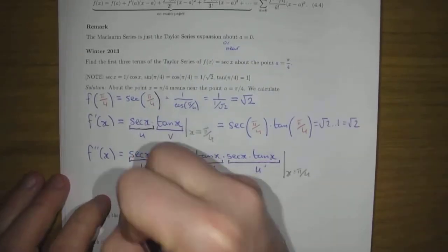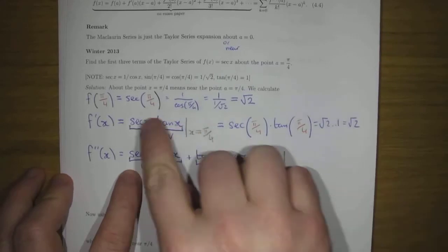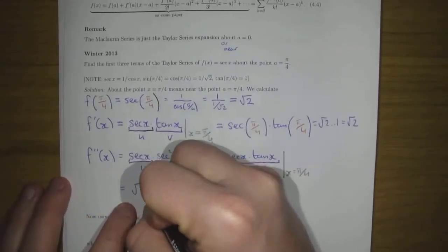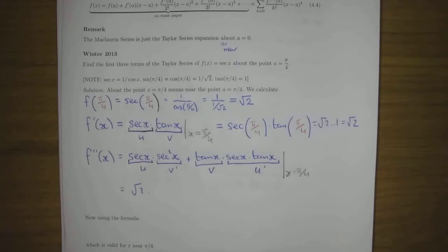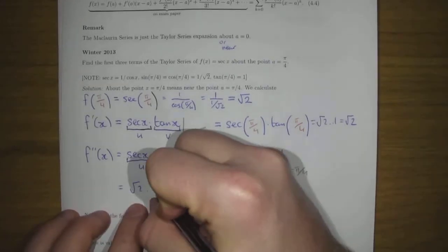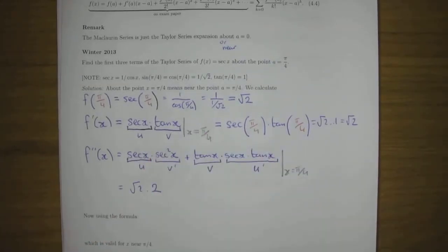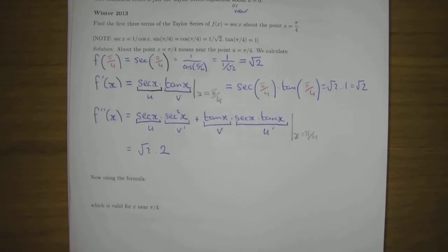We're interested in this at x equal to pi over 4. So sec of x at pi over 4 we've calculated as root 2, times sec of pi over 4 squared, root 2 squared. What's root 2 squared? Square root of 2 by square root of 2 has to be 2. You might need a bit of calculator to help you.